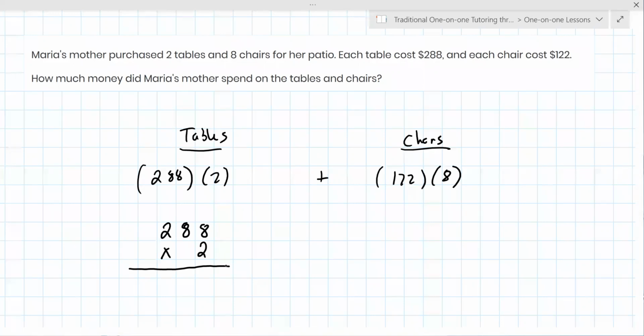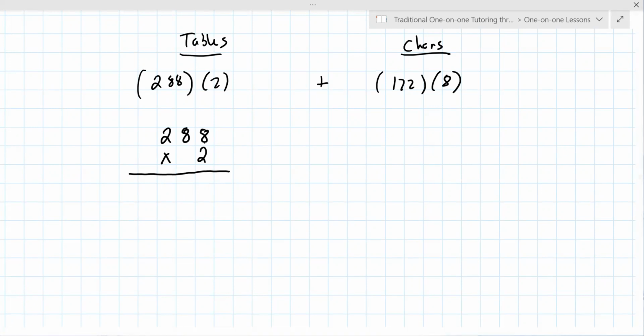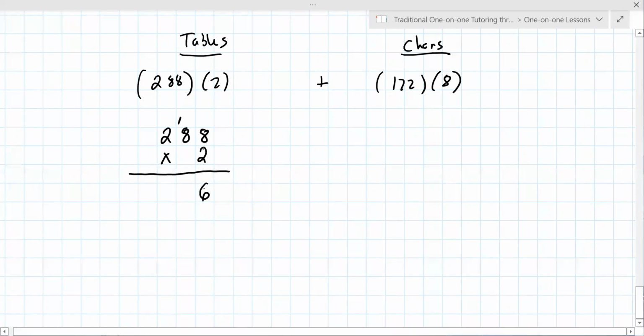No. Okay, so you start by taking this 2 and multiplying it by the 8 above it. What is 2 times 8? 18. Try again. 16. So you put the 6 down here with a carry of 1. And then you take this 2 and multiply it by 8 again. What is 2 times 8? 16.